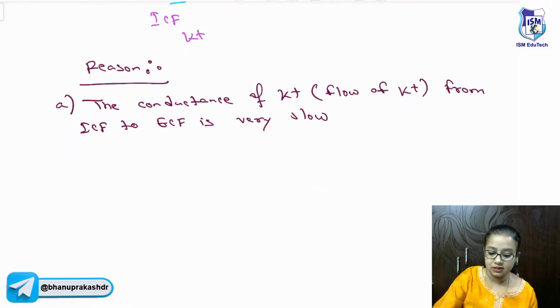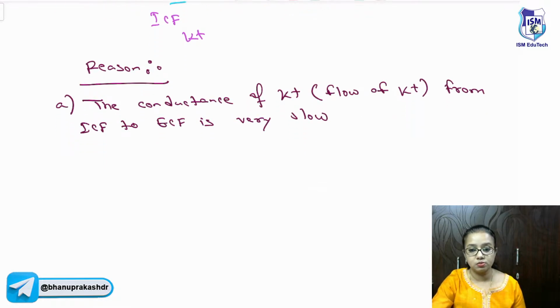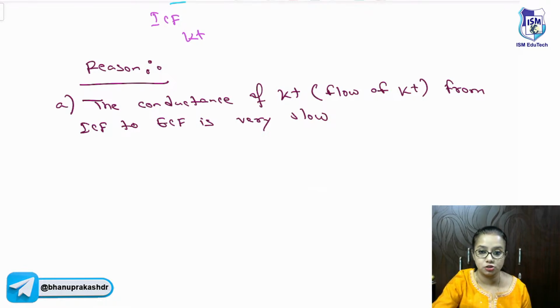As a result, sodium is more in the ECF, and potassium is present in the ECF, but it is more in the ICF. So the positivity is more on the outside compared to the inside.